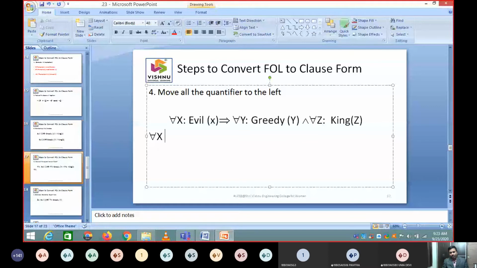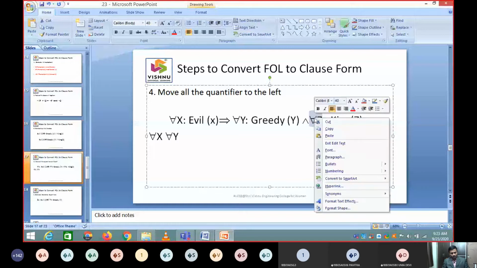There is no need to keep them, because all these values will be substituted at some point of time. But these rules are very important, and you have to remember them for your final exams. Move all the quantifiers to the LHS; this is what the rule says.